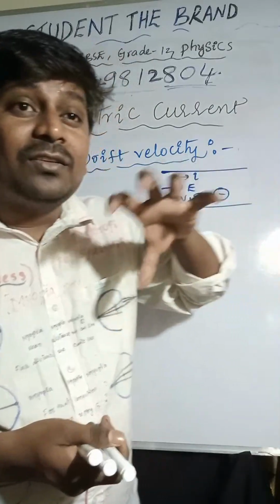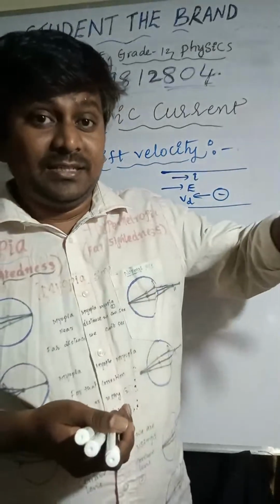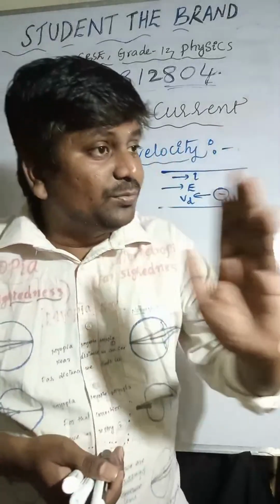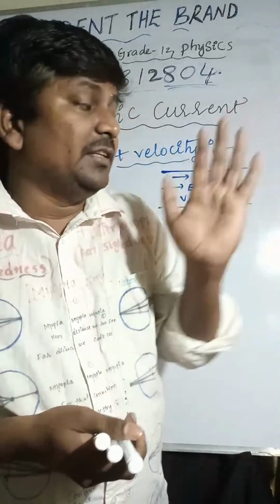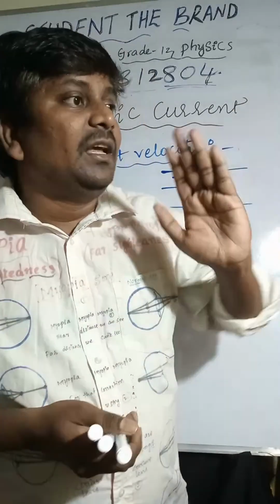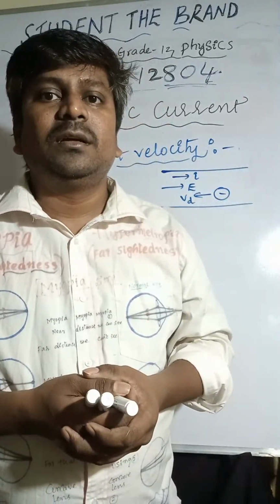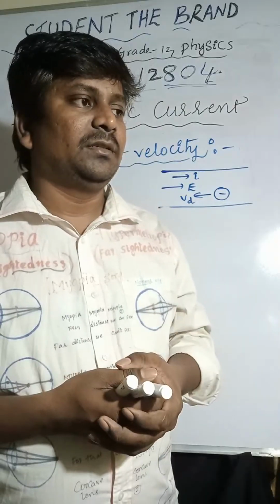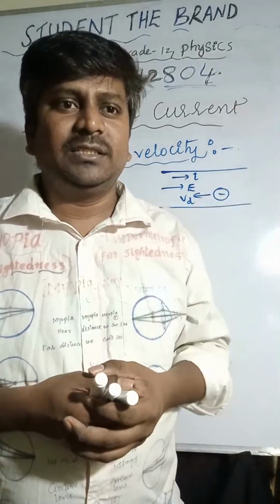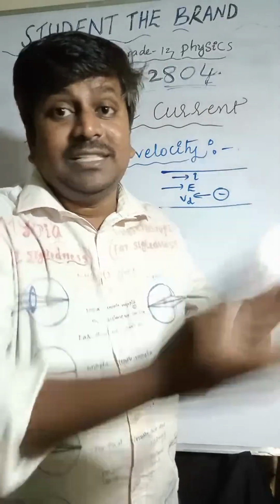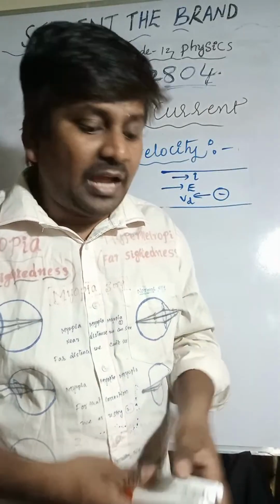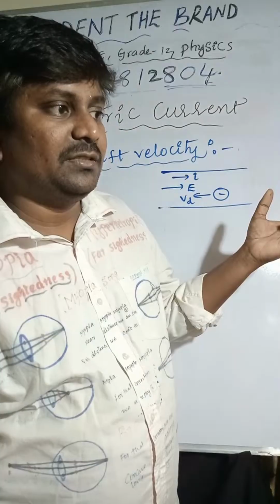Here also electrons are moving with different velocities. One electron moves with one velocity, another with another velocity, and after collision the velocity changes.